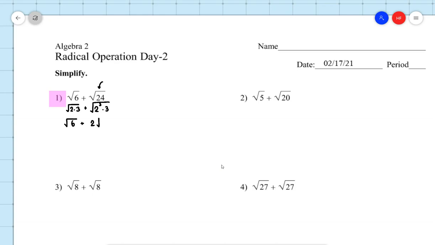And I'm still left with another 2 on the inside and a 3. Which means I have root 6 plus 2 root 6. And so if I have root 6, that means the coefficient in the front is 1. So I have 1 root 6 plus 2 root 6, which means simplified, this is 3 root 6.